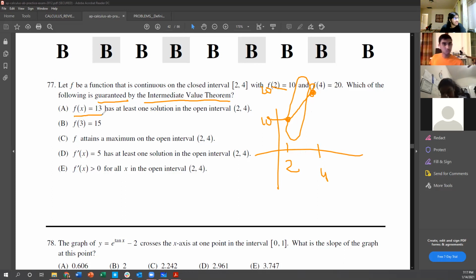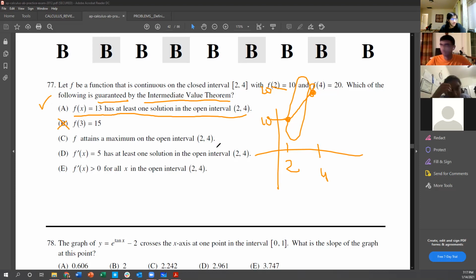F of x equals 13 has at least one solution in the open interval 2, 4. That would be guaranteed by the intermediate value theorem, right? Yes, I think so. F of 3 doesn't necessarily have to be 15. That's not true. F attains a maximum on the open interval 2, 4.